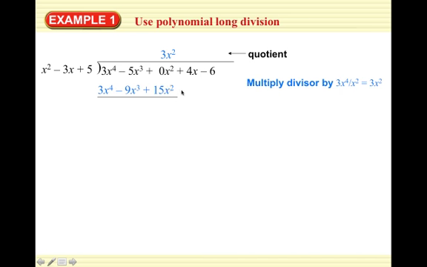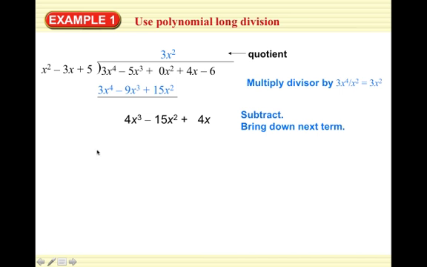Now, I don't know if you remember from number long division, what you do now is you take this little product here and you subtract it from the original dividend. So we're going to subtract all three of these terms from the like terms up here. Okay. So let's see. 3x to the fourth minus 3x to the fourth is 0. So that's what we wanted.